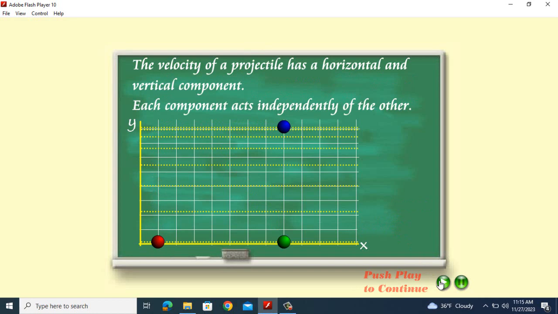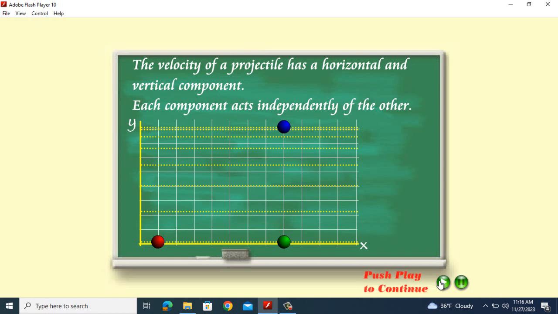This is just to show how the green object is an object in projectile motion, the red object is an object in free fall, and the blue object is an object that's just moving horizontally.